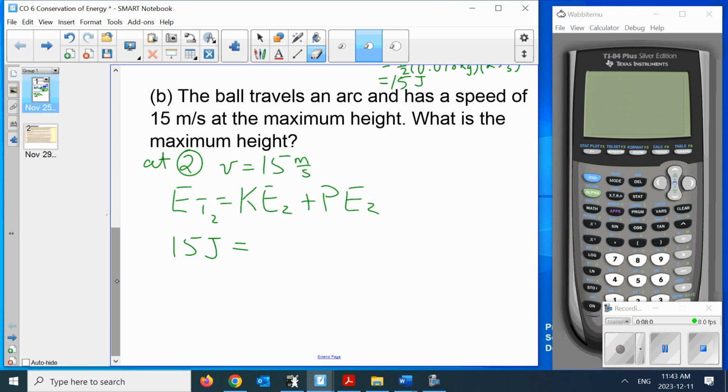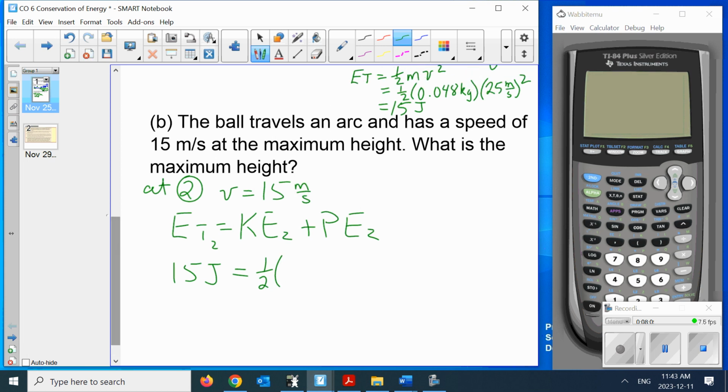So total energy we have, kinetic energy we have to calculate: 1/2 mv squared, so 0.48 kilograms times the new velocity, 15 meters per second squared, plus we want the maximum height, mgh.